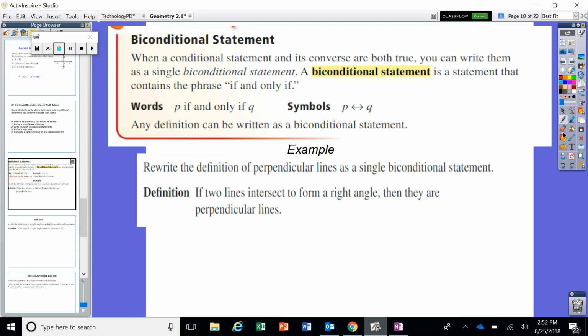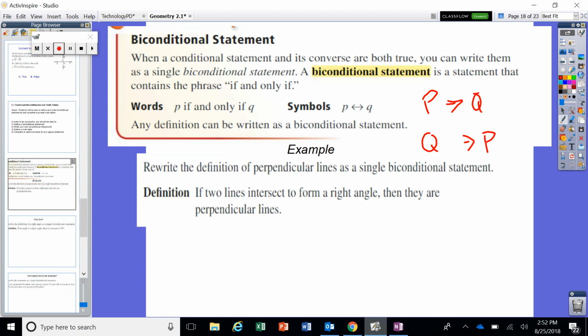Let me show you what I mean. So let's say we know our conditional statement goes P implies Q. And then our converse would be Q implies P. And so a biconditional statement happens when both P implies Q is a true statement and Q implies P is also a true statement.